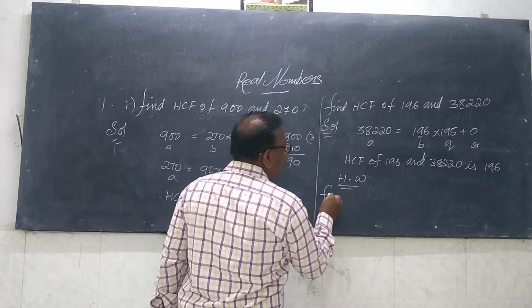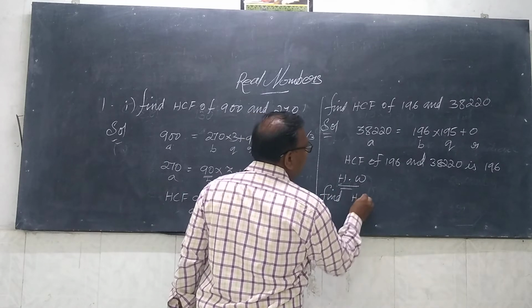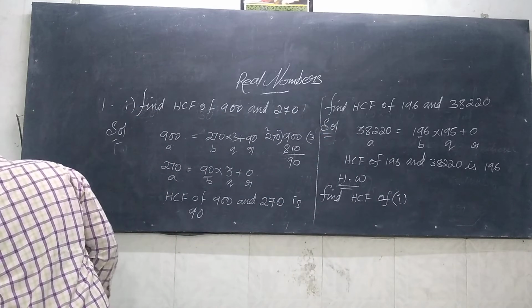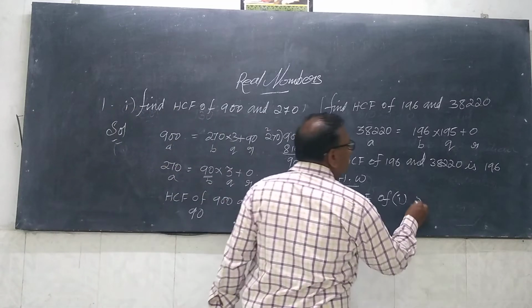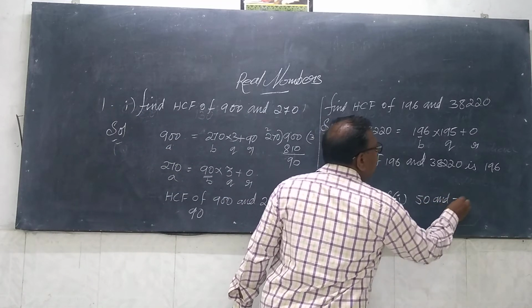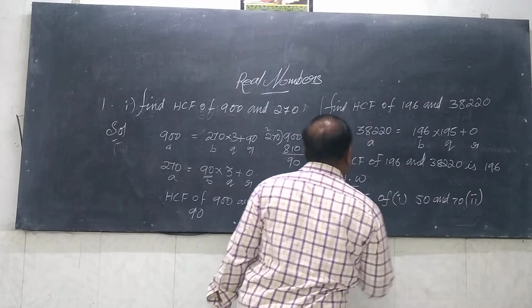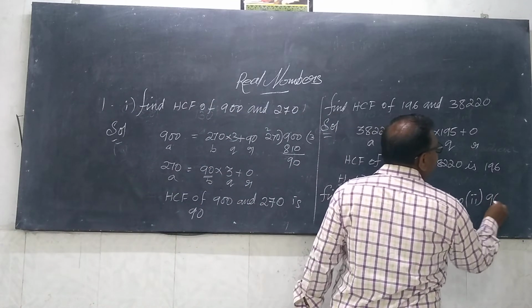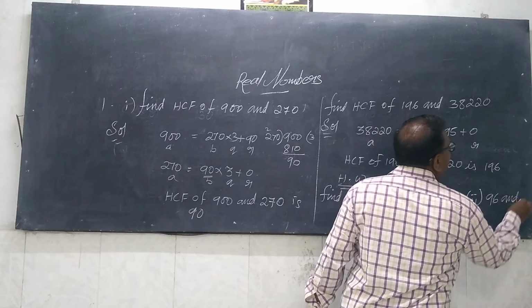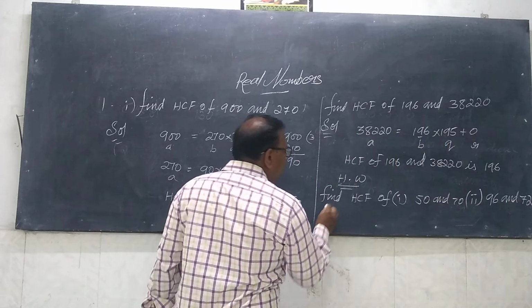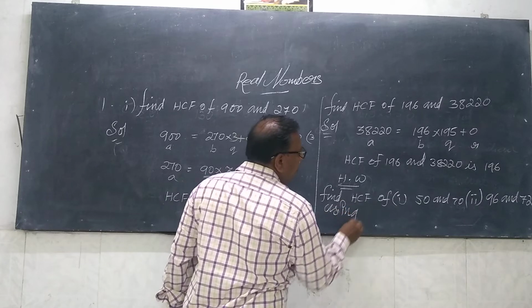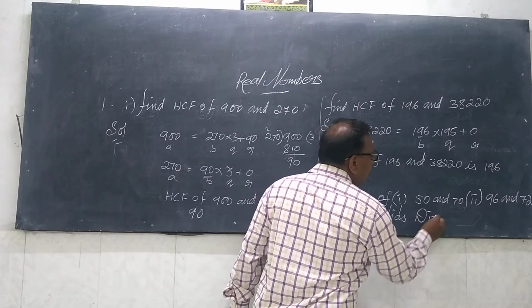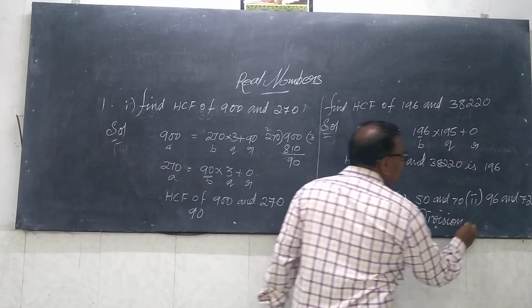Find the HCF of 50 and 72, and 96 and 72, using Euclid's division algorithm.